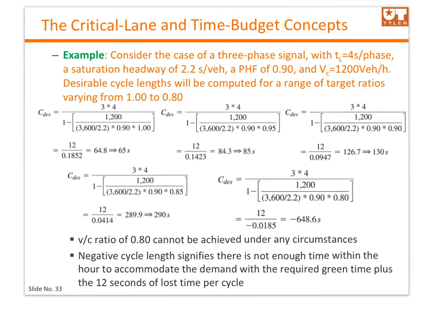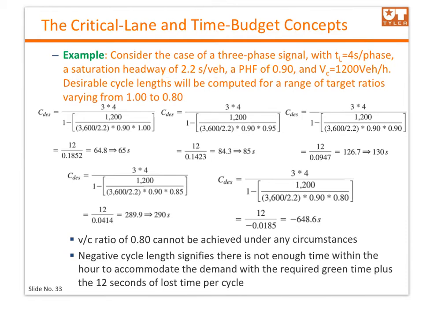So let's have a numerical example to understand the impact of V over C ratio on the desirable cycle length. Consider the case of a three-phase signal. TL, which is the total loss time, is 4 seconds per phase, and the saturation headway is 2.2 seconds per vehicle.